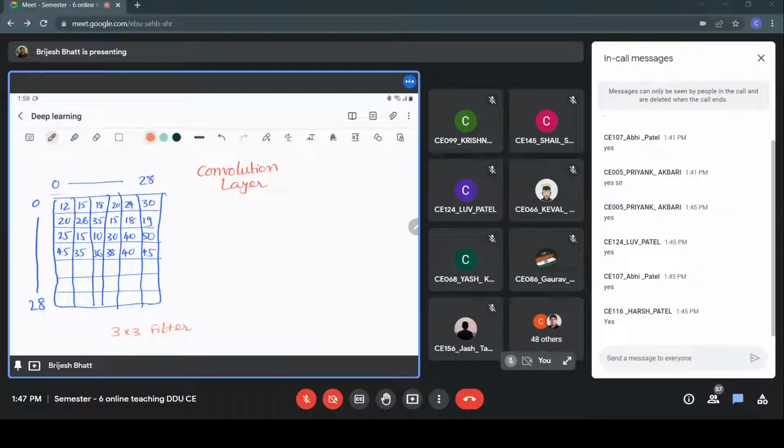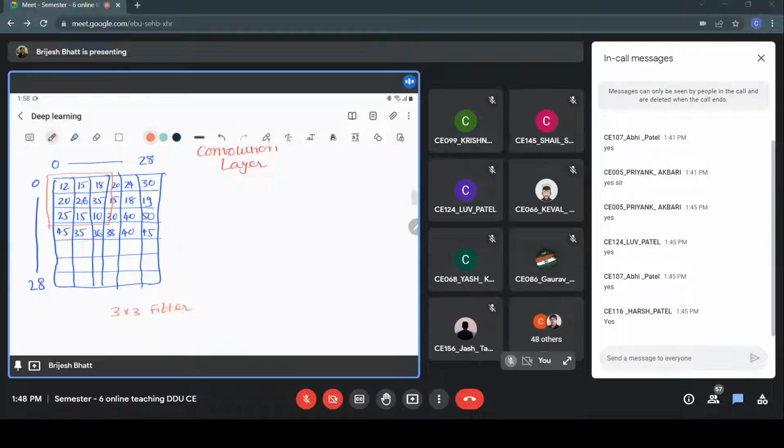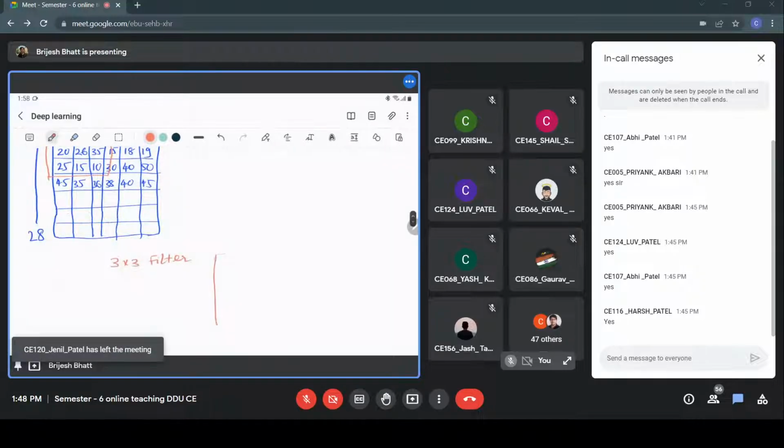Then the filter will first be placed at the beginning of the matrix. And the filter can have some values masked by making it 1, 0. Last time we said that if it is a vertical line detection, then the filter can be designed something like this.